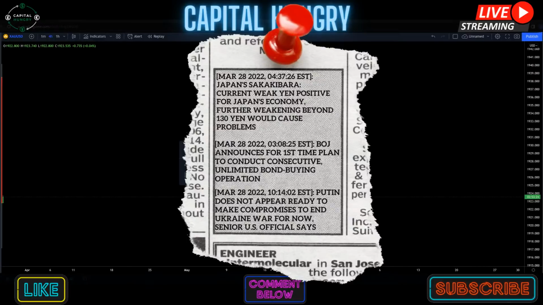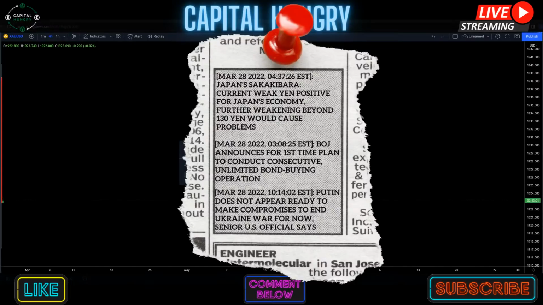Fundamentally, from an economic standpoint, even though what the Bank of Japan is doing with their asset purchase program and unlimited bond buying operation is making the currency weaker, it's a positive for their economic activity on a global scale. But this makes it easier for us on a fundamental perspective to continue playing that Japanese yen weakness.